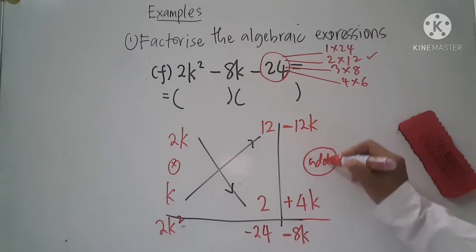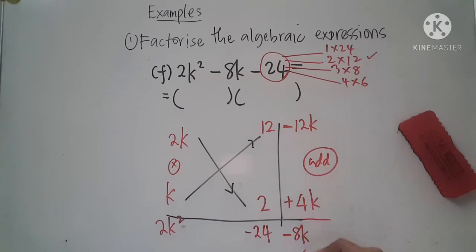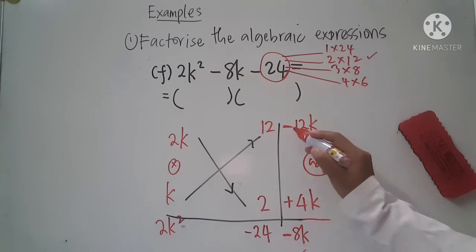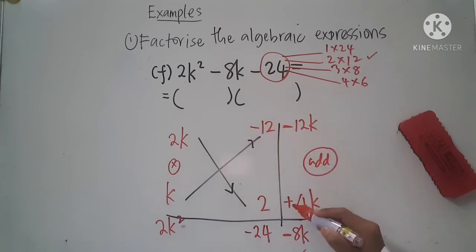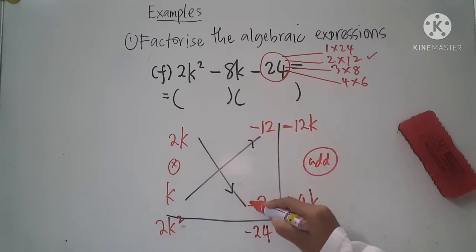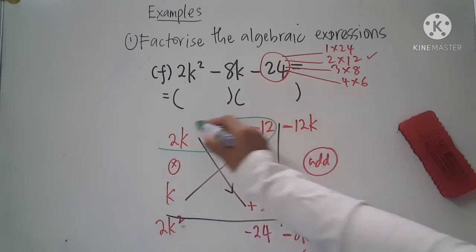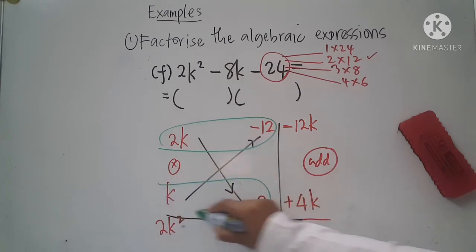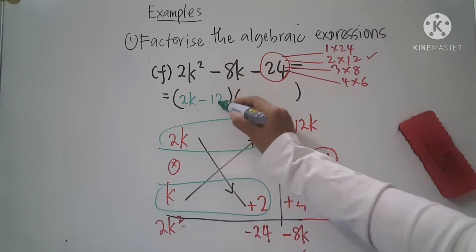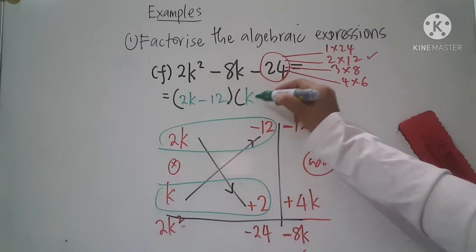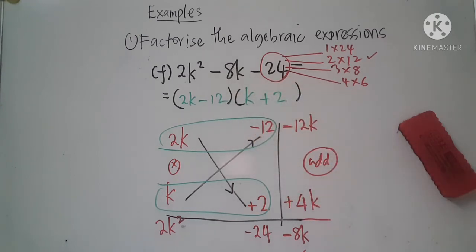Negative 12 plus 4, negative 8k. When here is the negative sign, here must be the negative sign. When here is the positive sign, this one is positive. Therefore, you can write the answer in the bracket, this one: 2k minus 12 and k plus 2. This is the answer.